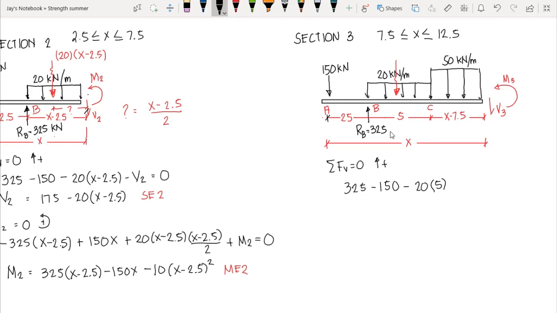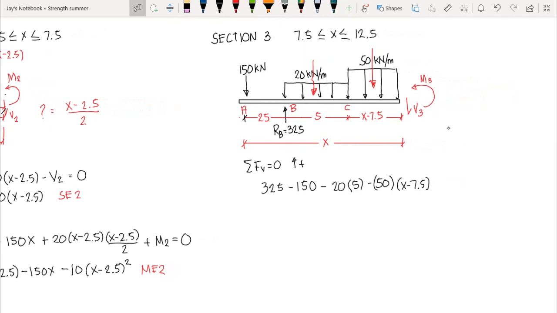Then minus the uniform load 50 times the length of action. Since from A to section 3 we have x, the length here is x minus 7.5, because we add 5 plus 2.5 and deduct it from x. So we have x minus 7.5.